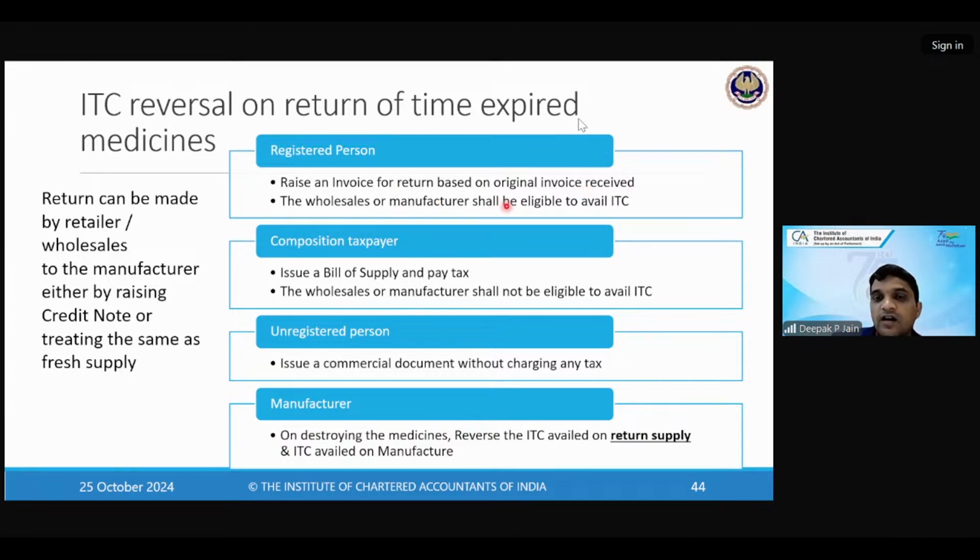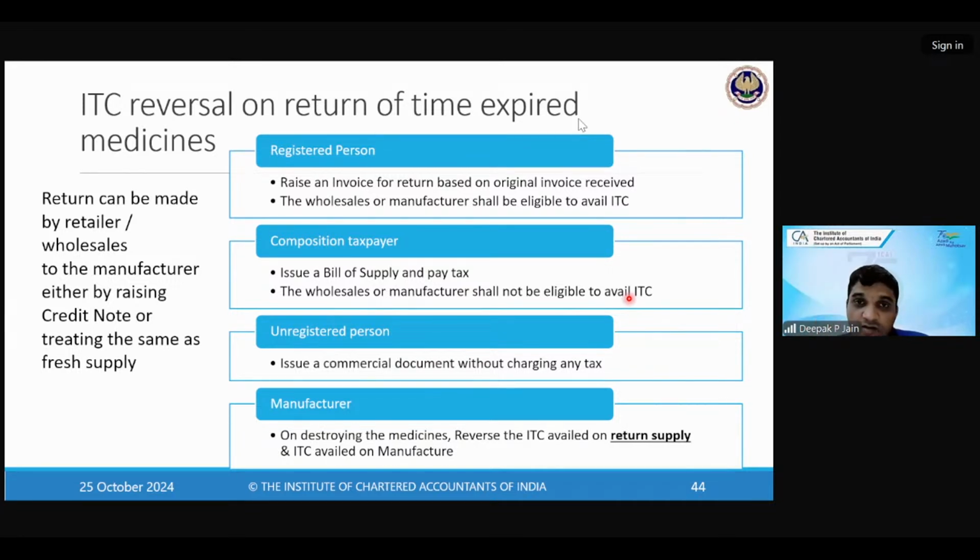When a registered person buying medicines returns them, he will raise an invoice for return based on the original invoice received. The wholesaler or manufacturer shall be eligible to claim the credit because they are getting an invoice. In case of a composition taxpayer, he will issue a bill of supply and pay tax. But we know that in case of a composition taxpayer, we cannot claim the credit. So credit will not be available. These are all from the perspective of the ultimate retailer.